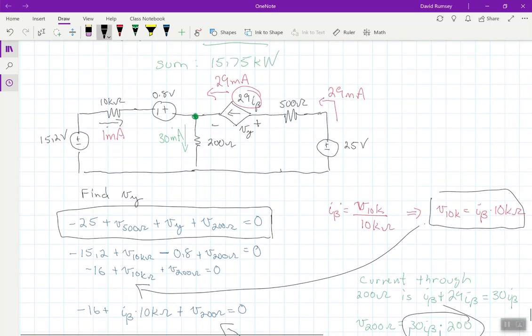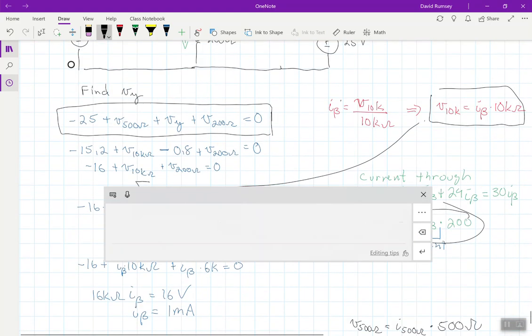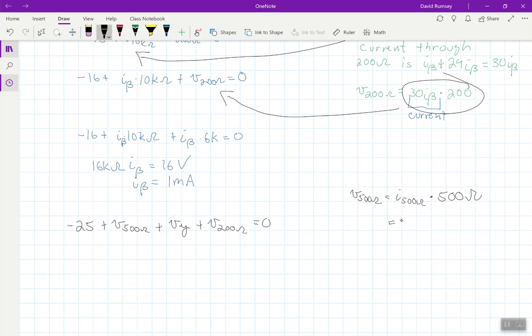Going back to my circuit diagram, I now know that current is 29 milliamps. So this would simply be 29 milliamps times 500. Make sure you use your engineering notation correctly to get the correct voltage here. This would be 14.5 volts, because it's 29 milliamps times 500.